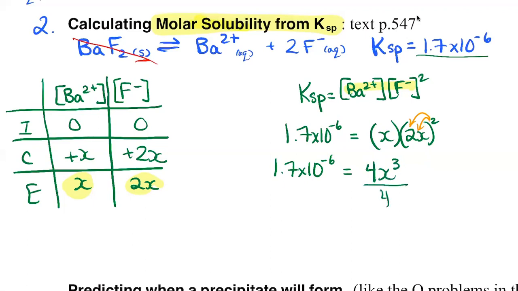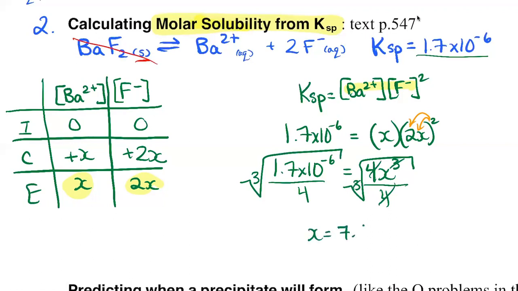I'm going to divide both sides by 4, and then I'm going to take the cube root of that. That's going to cancel out the 3's, and the 4's get canceled. I'm going to be left with x equal to 7.5 times 10 to the negative 3 moles per liter. Remember, x is always concentration in moles per liter.